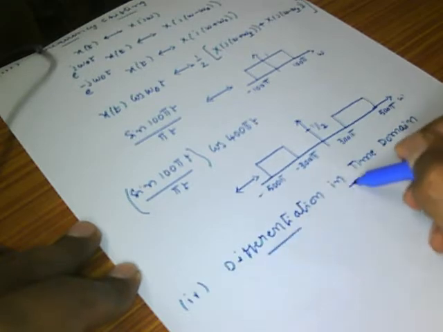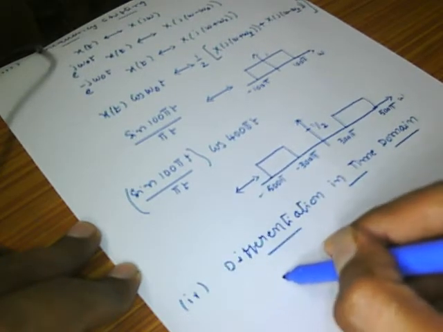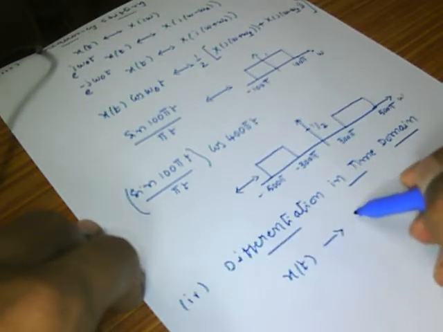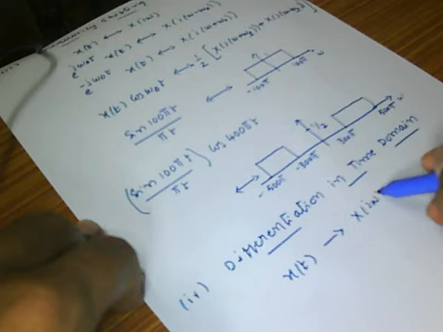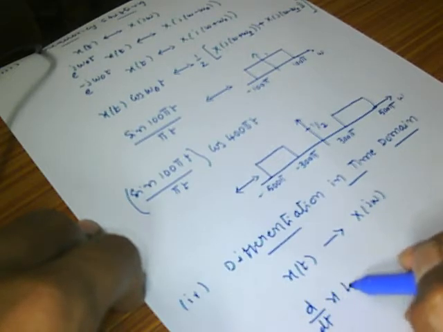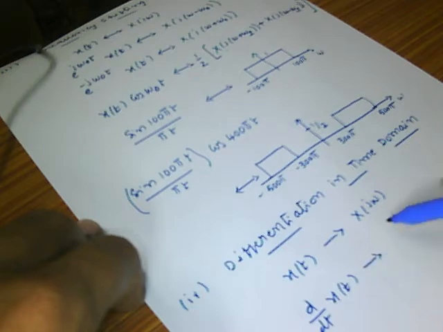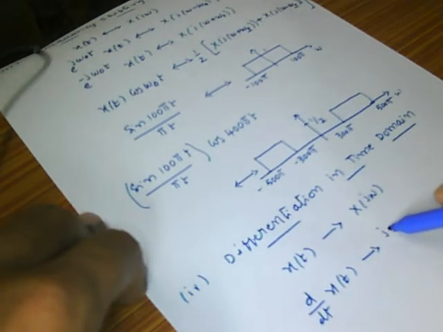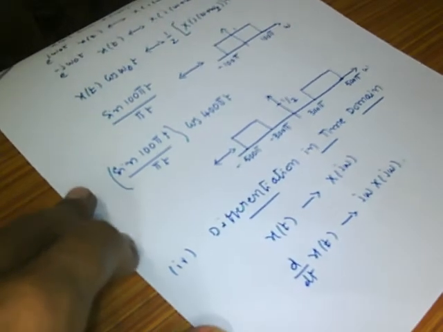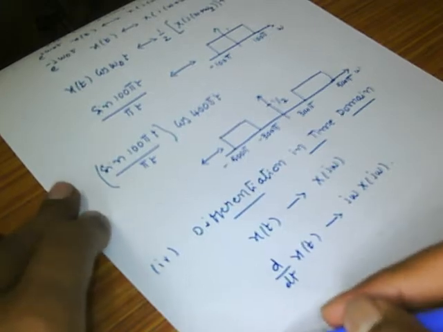It says that if x of t has x of j omega as the Fourier transform, then d by dt of x of t has j omega into x of j omega as the Fourier transform. So this is a very useful property. Its use, let us see with an example.